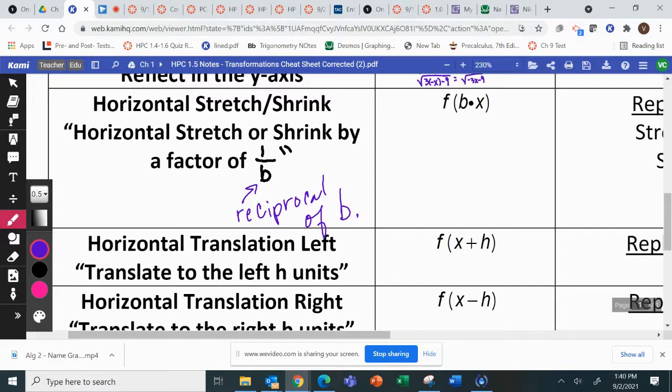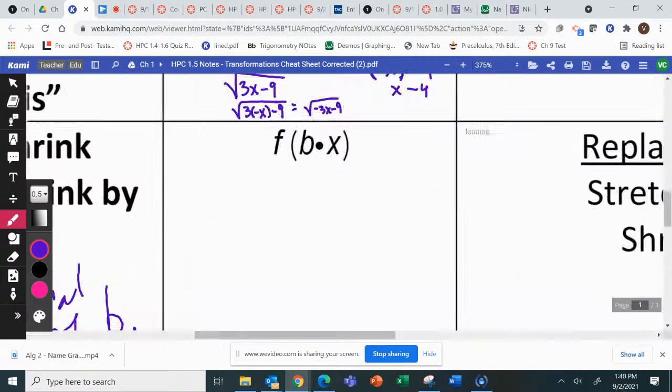I would not say a horizontal shrink by a factor of 10. Okay? But I could say a horizontal shrink by a factor of 1/10? Sure. Okay. So this would be where we have a number inside of the function. We're inserting a number inside of the function with the x.